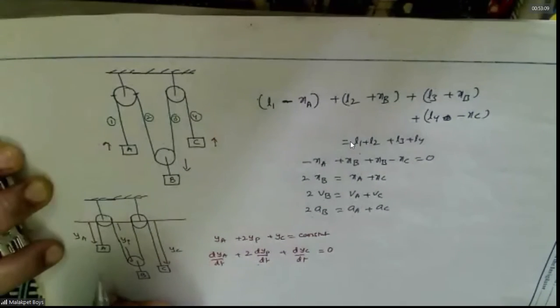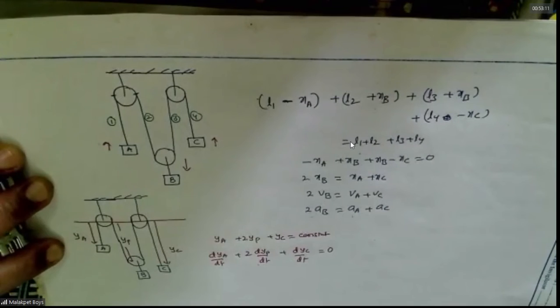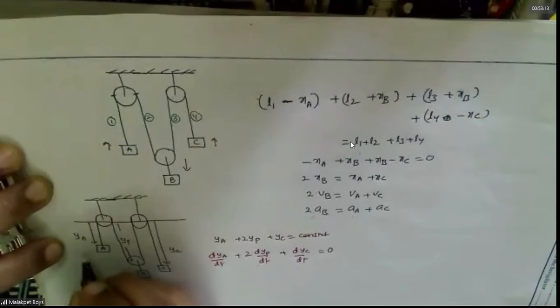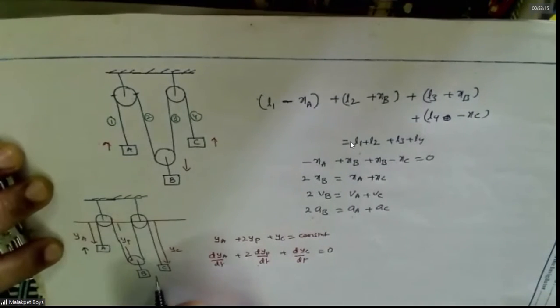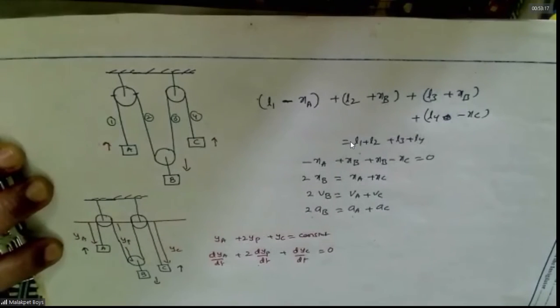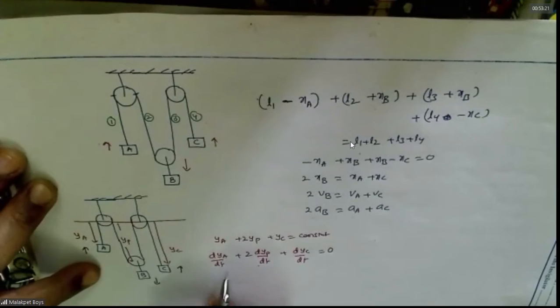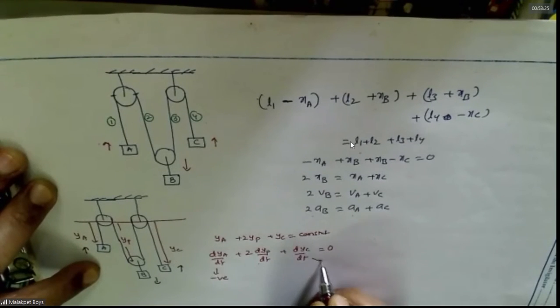Now, what is it that we assume? We have made an assumption that... to get the same answer, I'm taking the direction. Now, what will be positive? YP will be positive, these are negative, because lengths are decreasing now.